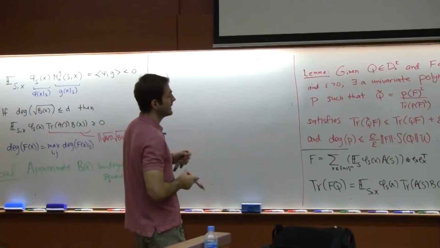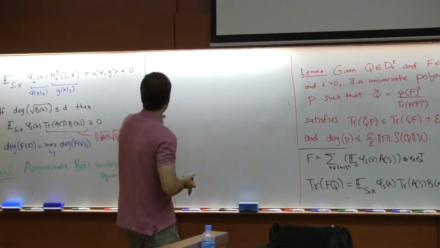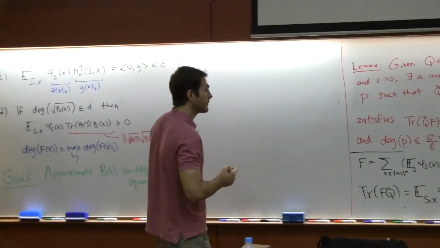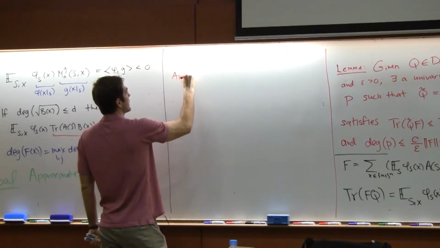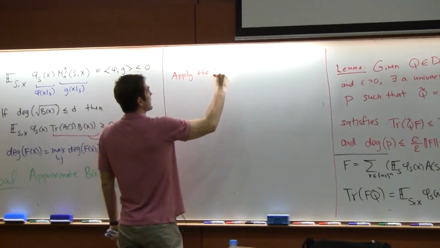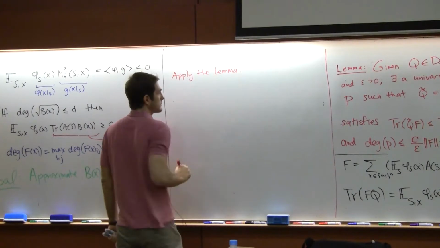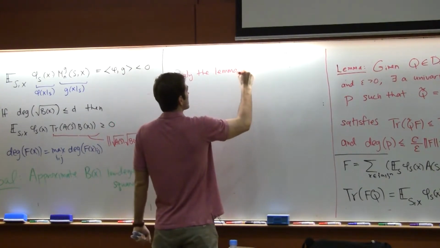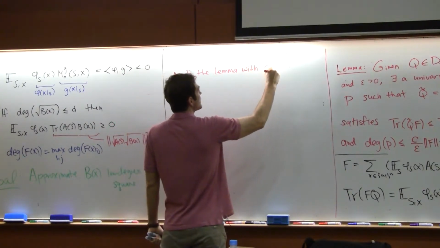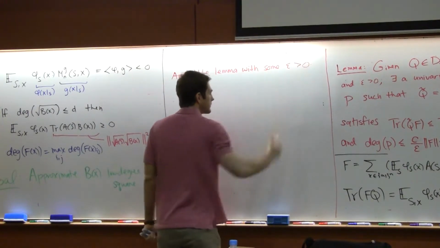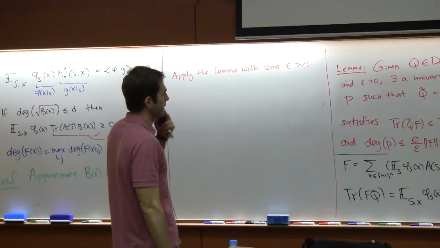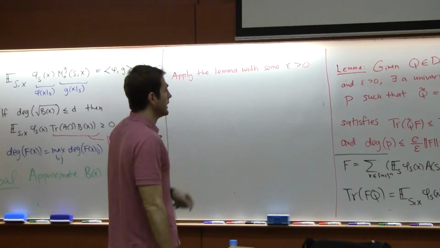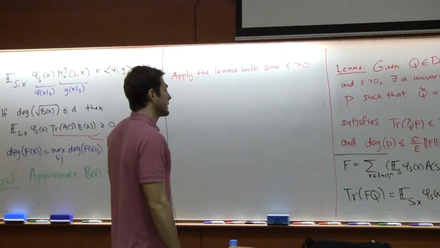Yeah, so let's see that this finishes things. Okay, so now we apply the lemma with some epsilon. So I gave you Q and I gave you F. We specify epsilon later when we see how much error we can afford.